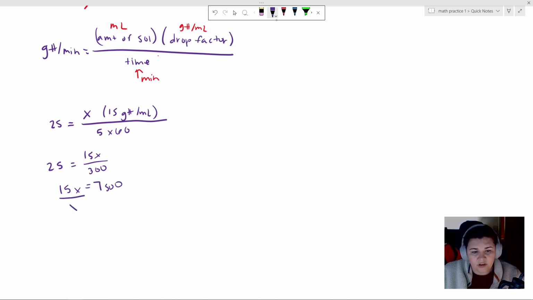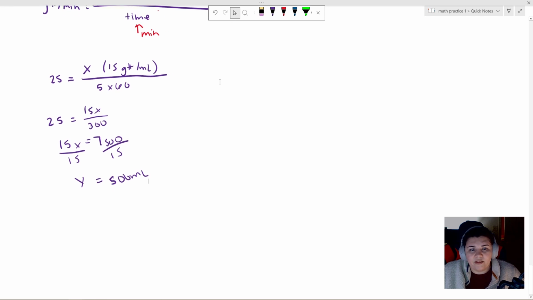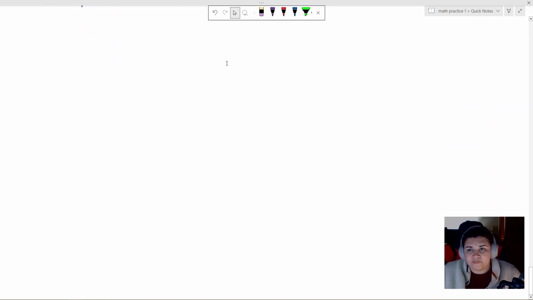Then you can do some algebra and divide by 15 on both sides. X is then equal to 500 milliliters. So that's the formula method. Like I said, I'm not a huge fan of it, but some people like it, so it's good to know.